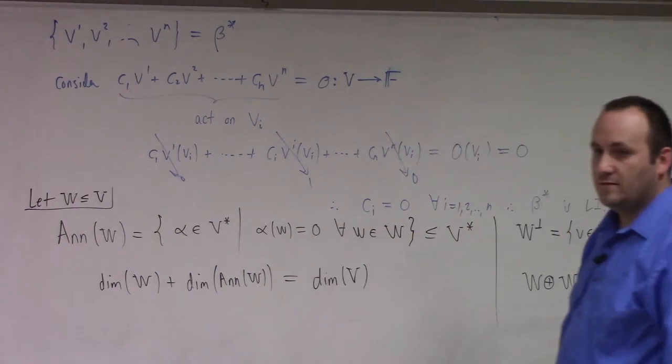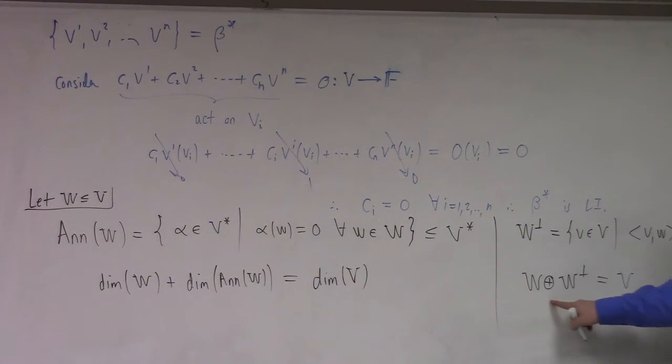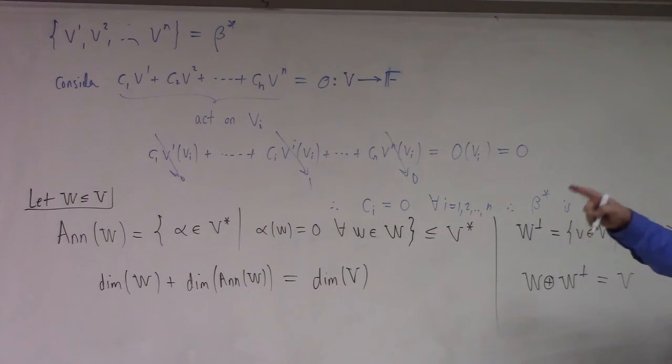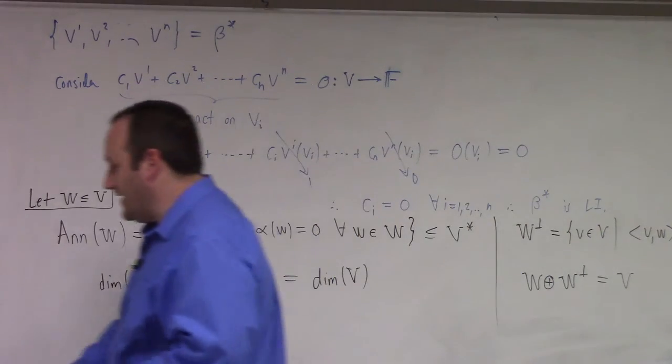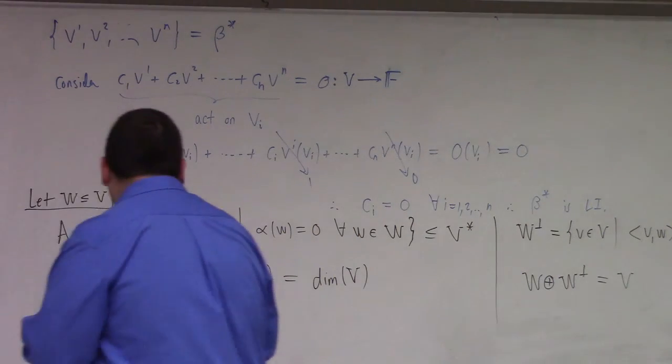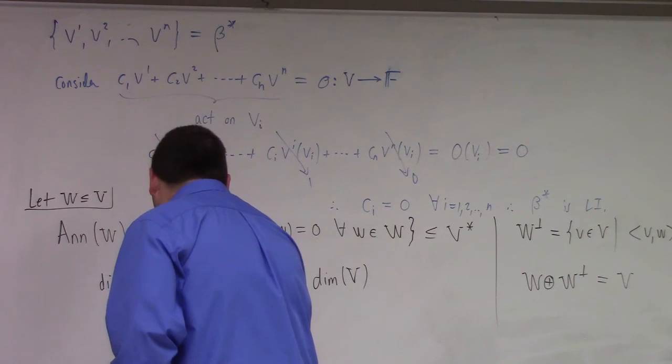True. However, I can't say this here, right? That wouldn't even make sense over there because W is a subspace of the vector space, but the annihilator of W is in the dual space. So I can't really form a direct sum of those. If you read Lang's linear algebra, Serge Lang in fact uses this notation.